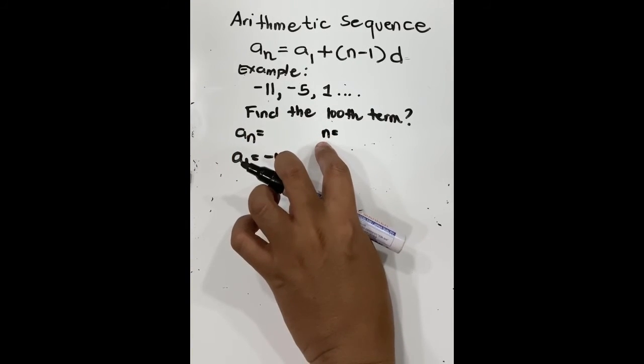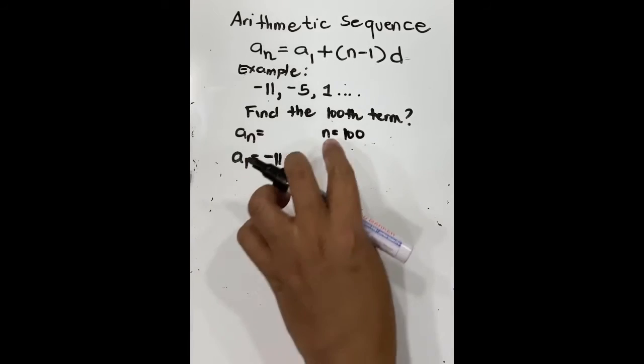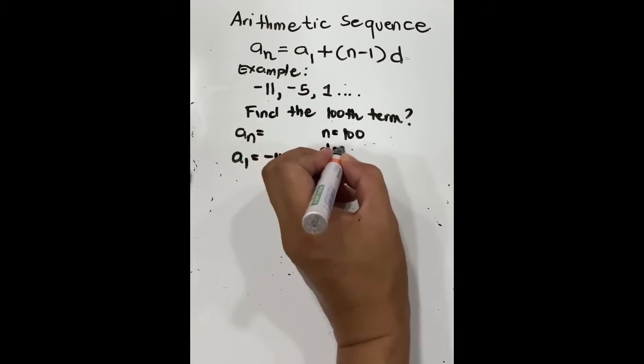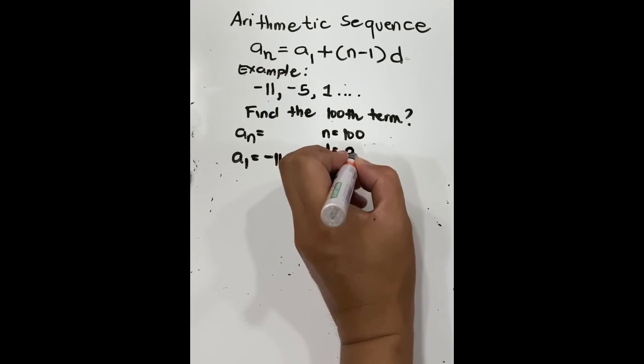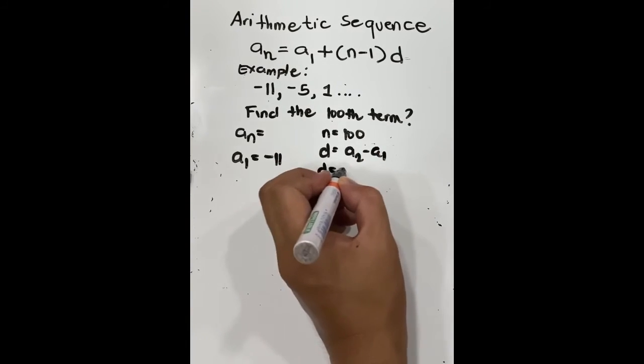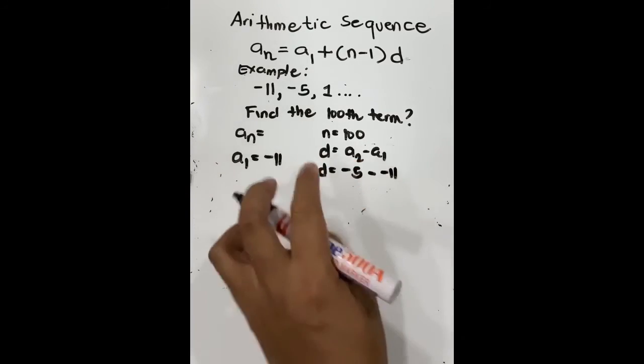Of course, since we are finding the 100th term, we assume that we have 100 terms. And then the d, which is the common difference, ang formula natin dyan ay a sub 2 minus a sub 1. So our a sub 2 is negative 5 minus negative 11.